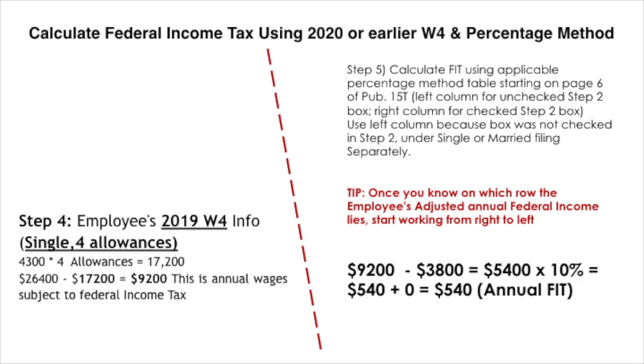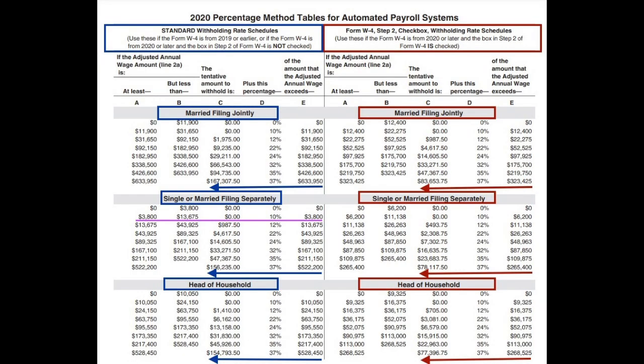Step 5. Calculate the federal income tax using the applicable percentage method. And now we are going to use the tables and we will calculate the federal income tax. So $9,200 is our federal taxable income and we will go on the tables and do the rest of the calculations. So our $9,200 sits on row 2 of single, married filing separately, that is on the blue side, and we will start working backward.